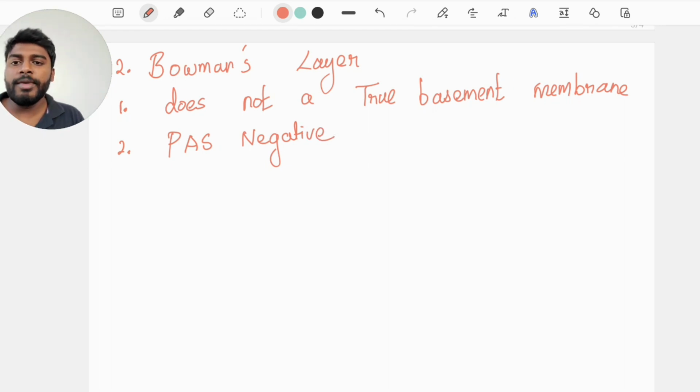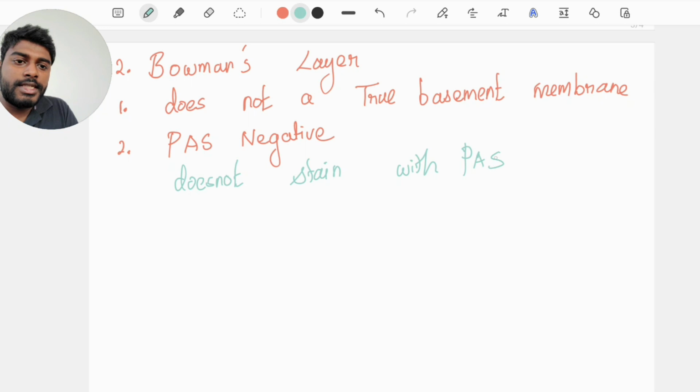If it is a true basement membrane, it has to stain with the PAS test. But this Bowman's layer does not stain with the PAS test.